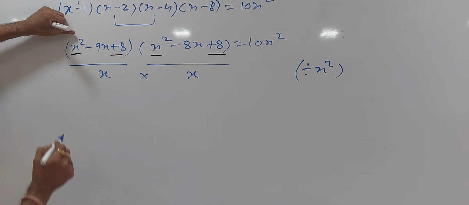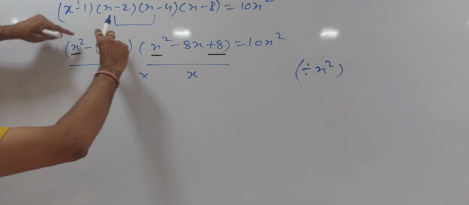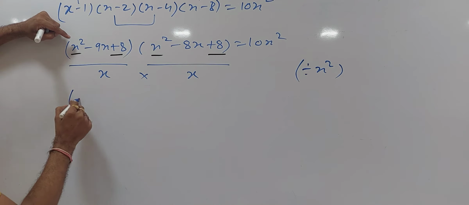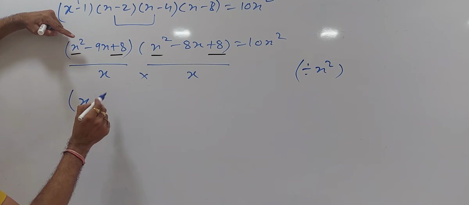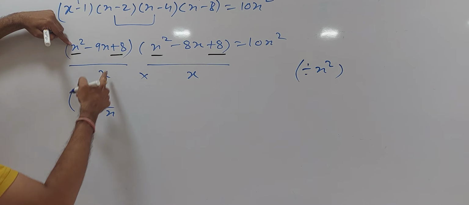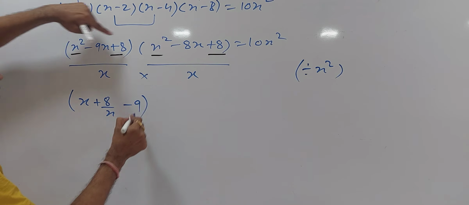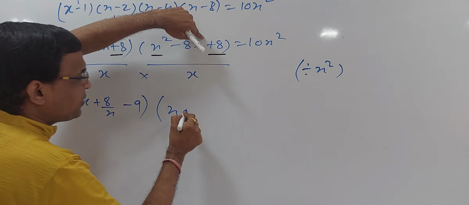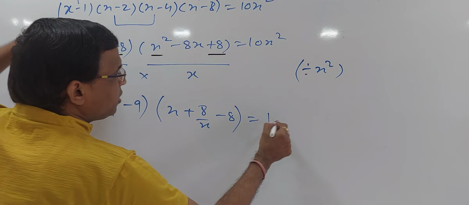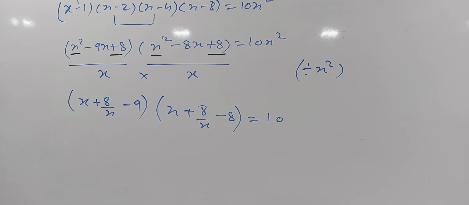Now just see what I am doing, dividing by x, so it is this upon this. By your bifurcation it is x plus 8 upon x minus 9, and here I have x plus 8 upon x minus 8. That seems a little better.